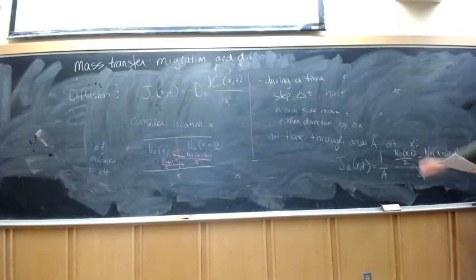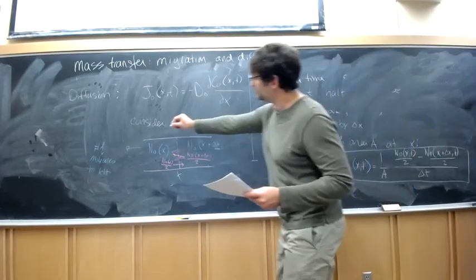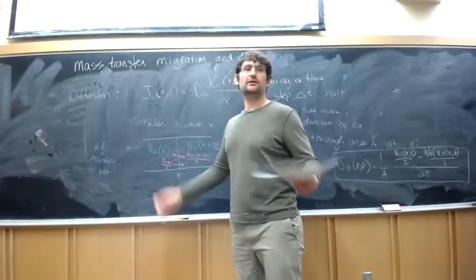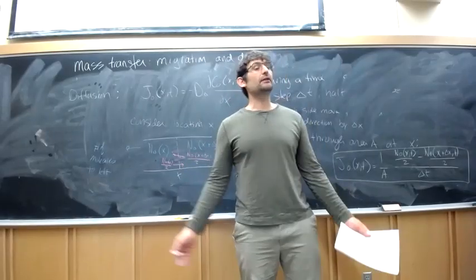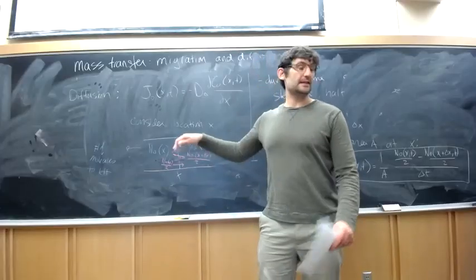So that has the right units for a flux, right? Number of species divided by time divided by area. Some species are going that way and some are going that way, so they're canceling each other out. Of course, at equilibrium, what's the net flux equal to? 0, right? Because the concentration will be the same on both sides.